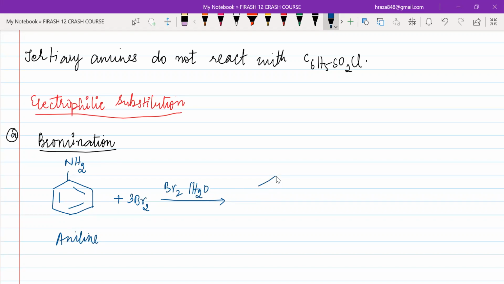Then 3 bromine will be attached with this. And 3 HBr will be as a byproduct.